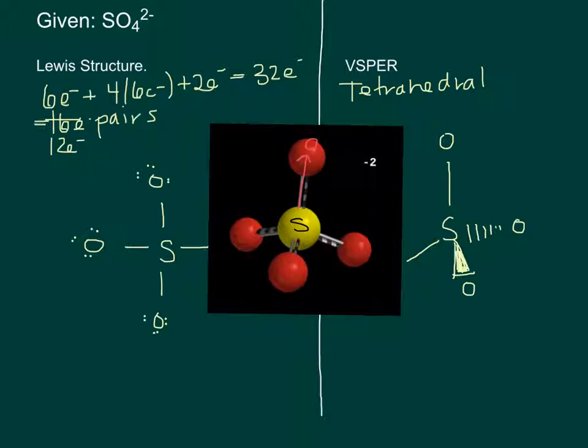I like this one because we can clearly see how the oxygens are coming away from the sulfur along the x and the y-axis, and it also makes it easier to see the angle from the top oxygen along the y-axis to the oxygens along the x and z-axis, and they have an angle of 109.5 degrees.